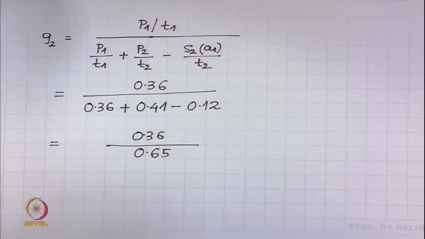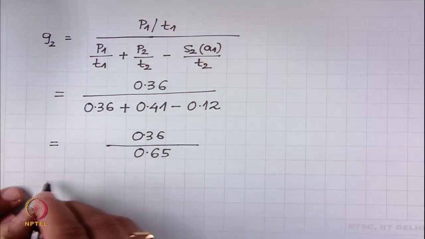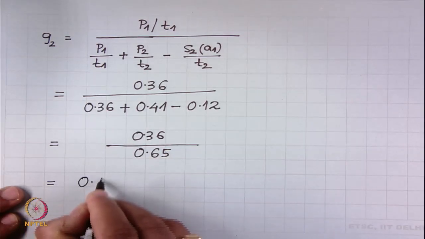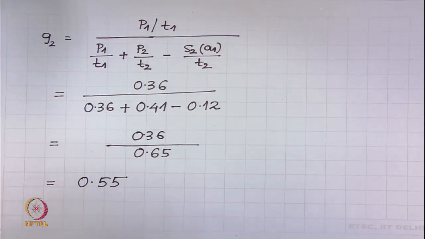So, this value will come as the ratio of 0.36 to 0.65, which is equal to 0.55.